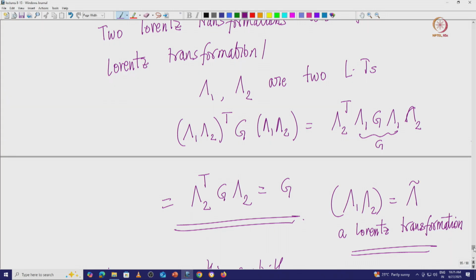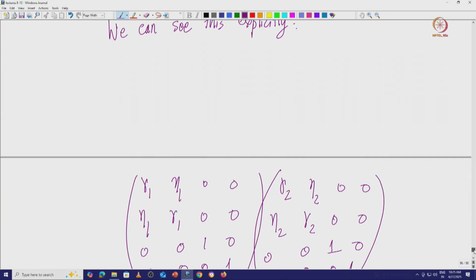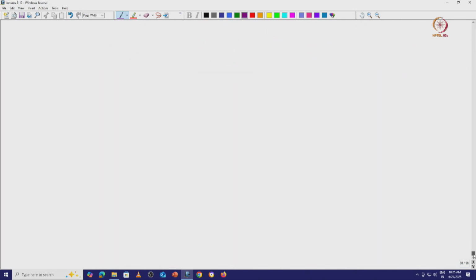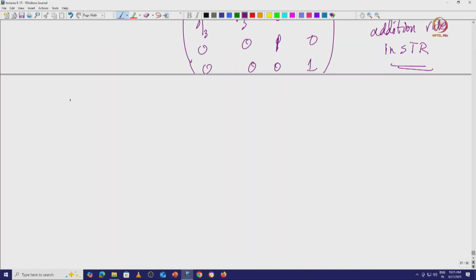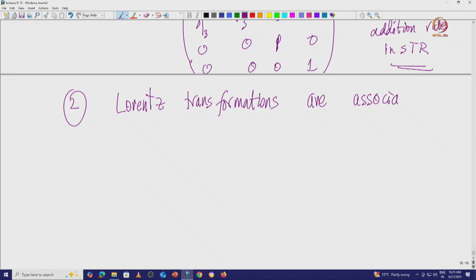Now similarly, once you believe this, the associativity becomes automatic. Lorentz transformations are associative.